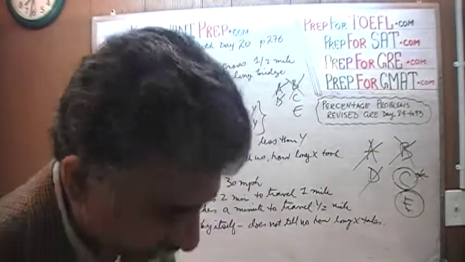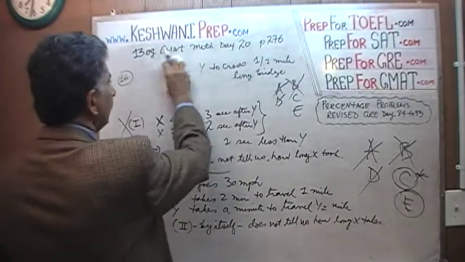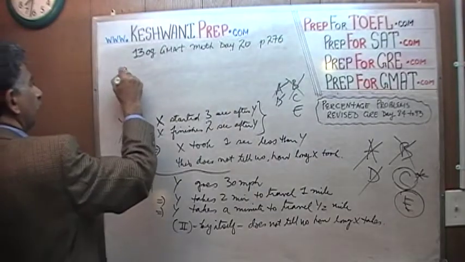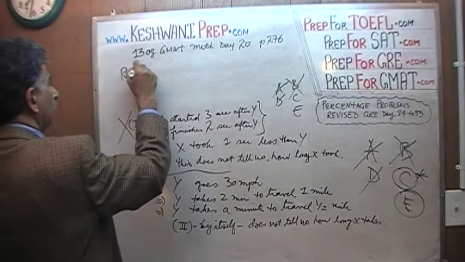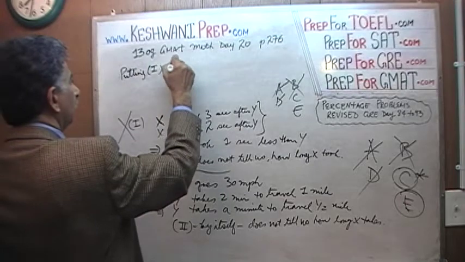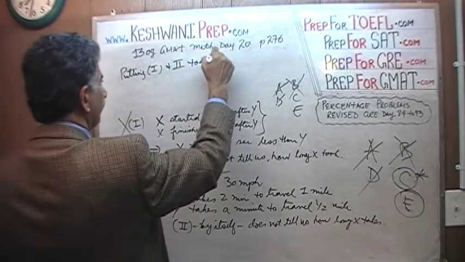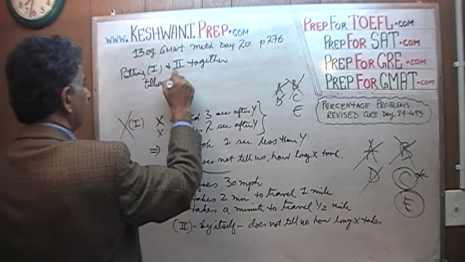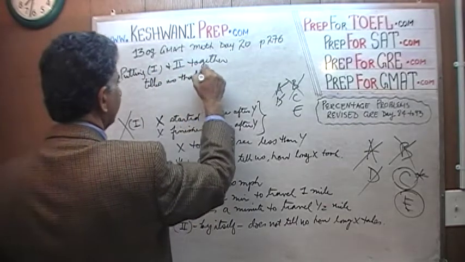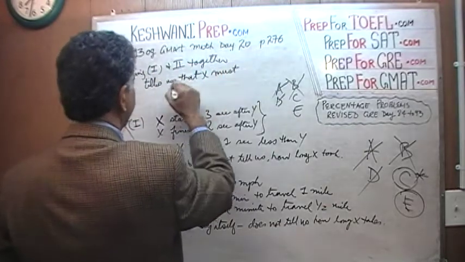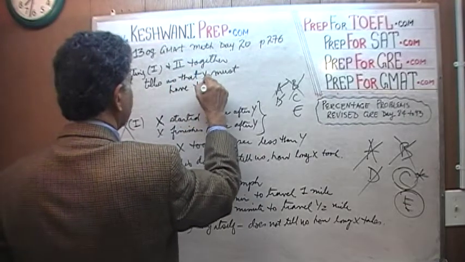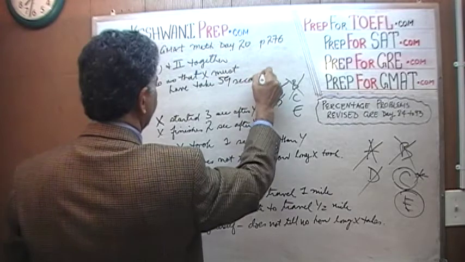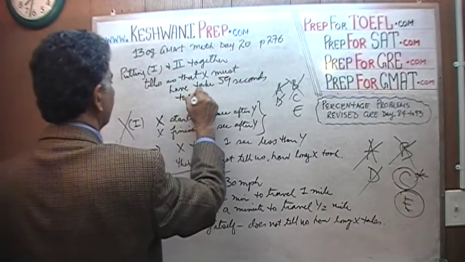Putting 1 and 2 together tells us that X must have taken exactly 59 seconds to cross the bridge.